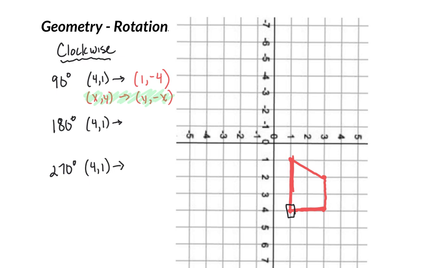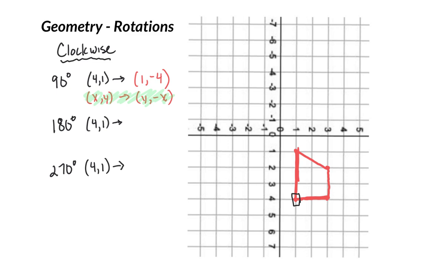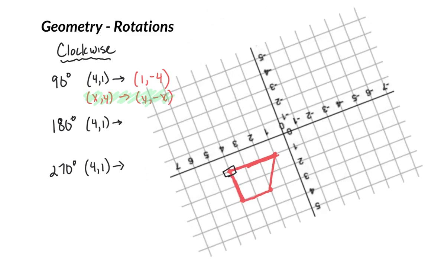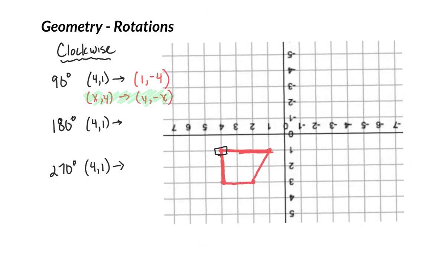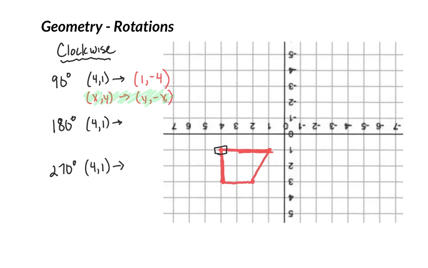Let's keep going. Let's now go from our original over to 180, which would continue to spin it like that. So that would be 180 degrees from the original shape. Now you'll see that my point, which again originally was over 4 up 1, is now back 4 and down 1.